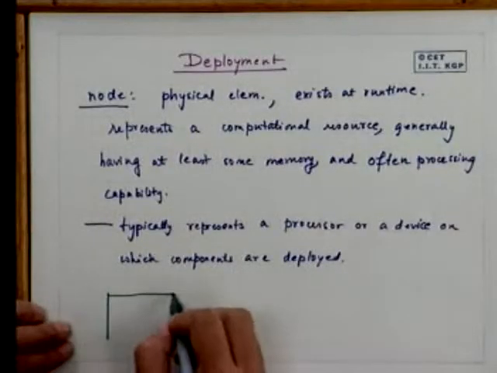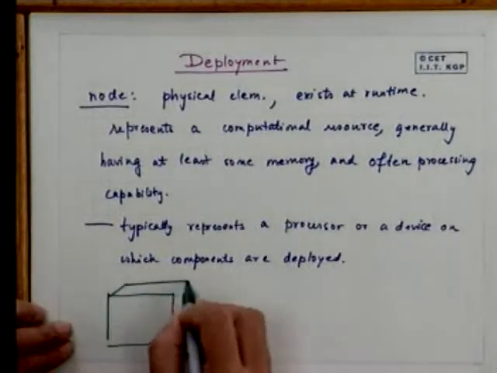So what is the difference between a node and a component? A node executes components. Components are executed by nodes. A node represents the physical deployment of components.